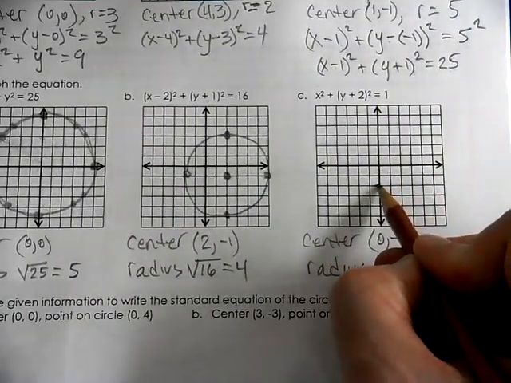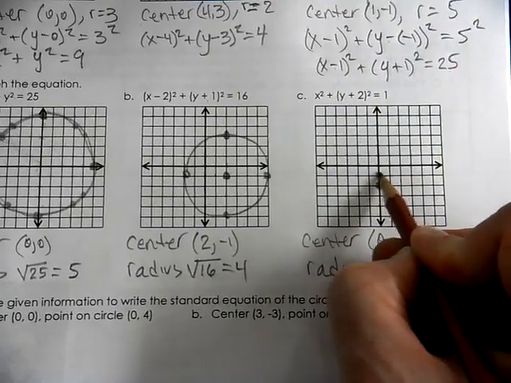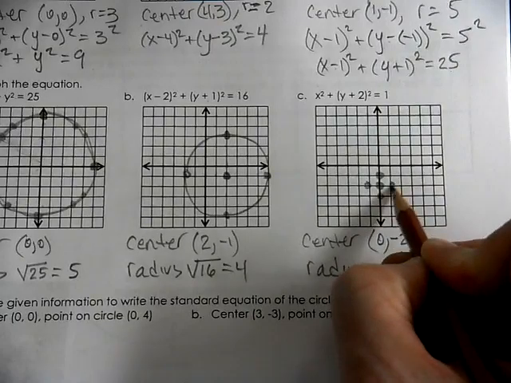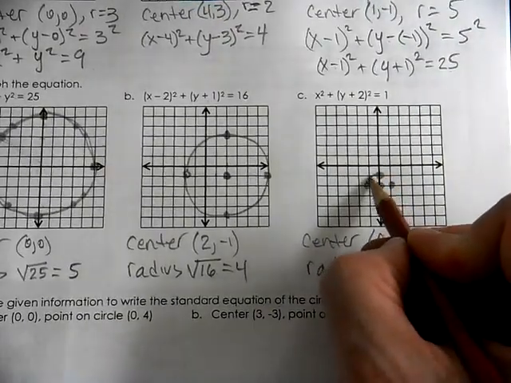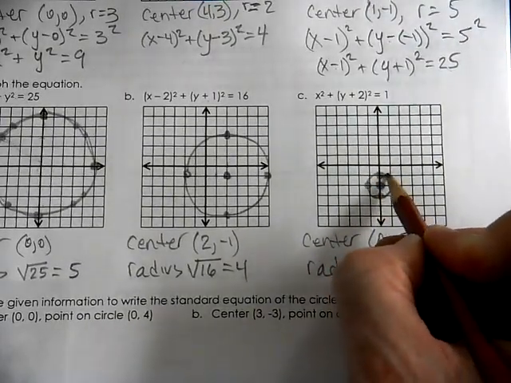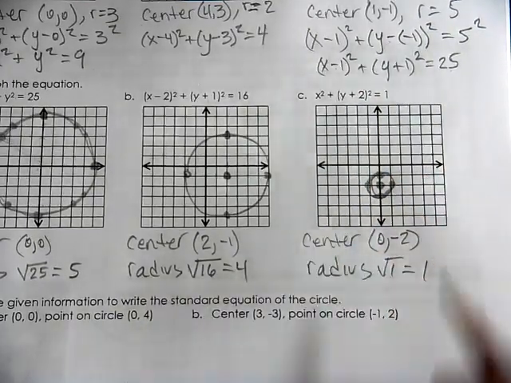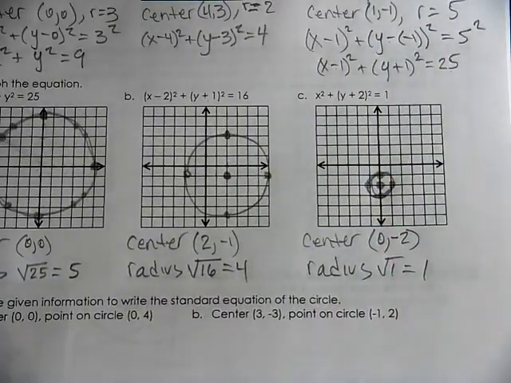So I go to 0, negative 2, and I do my radius of 1 and connect that. That kind of looks like a soccer ball.